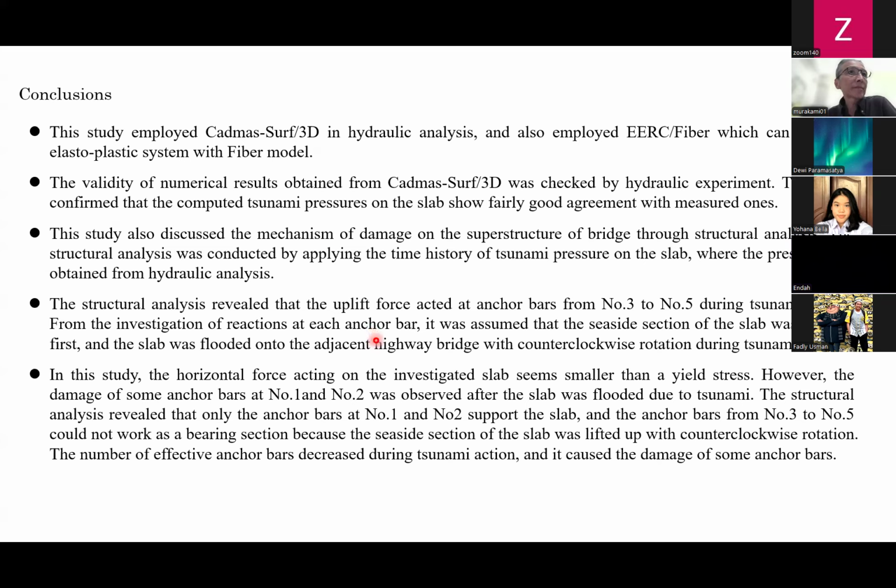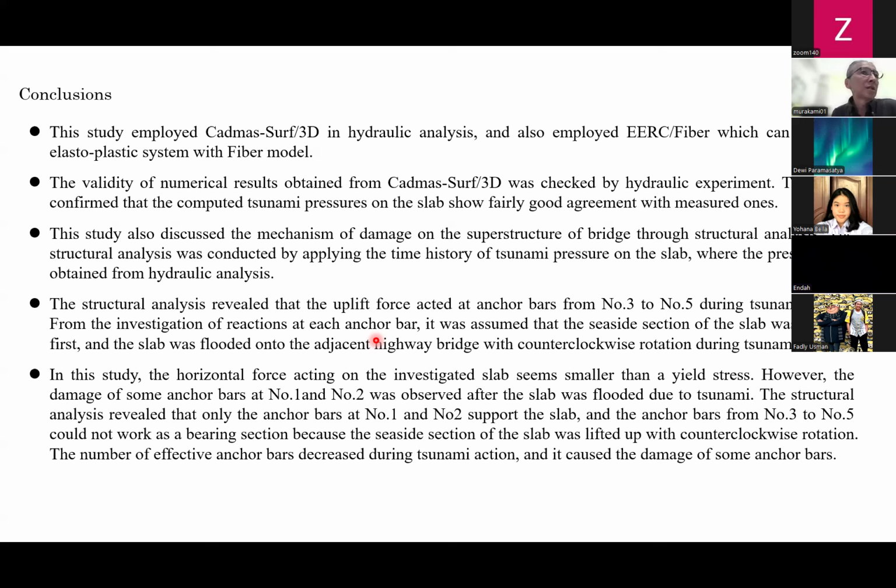Okay. From the investigation of the reaction at each anchor bar, it was assumed that the seaside section of the slab was lifted first. The location is number 5. And the slab was flooded onto the adjacent highway bridge with counterclockwise rotation during tsunami action. Okay.